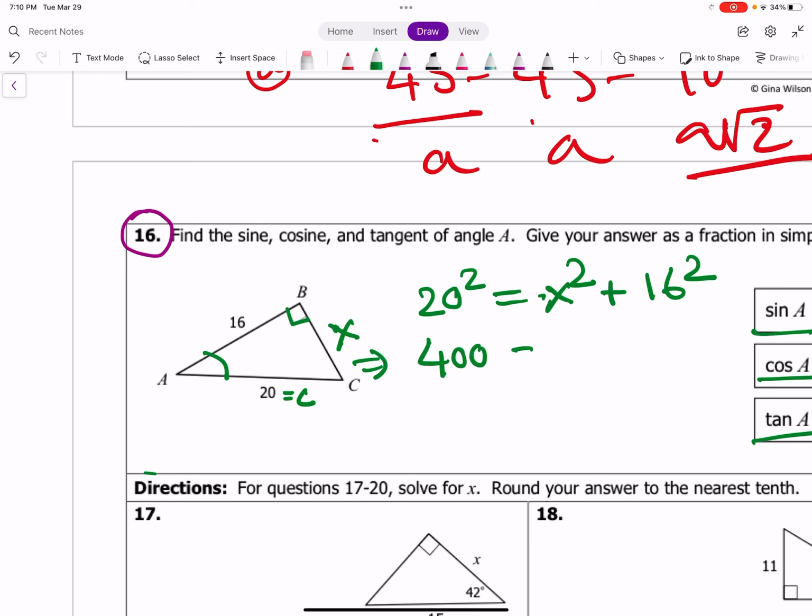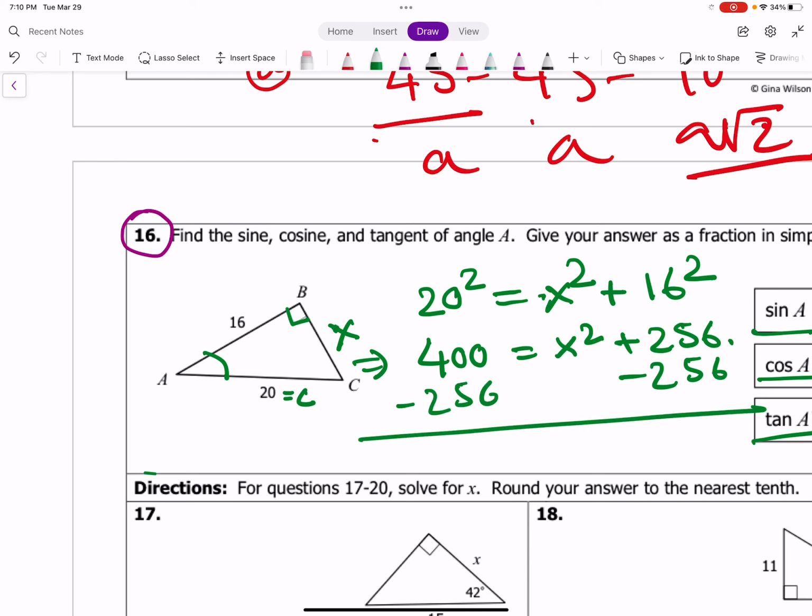So 400 equals x squared plus 256. Negative 256 on both sides gives us 144.